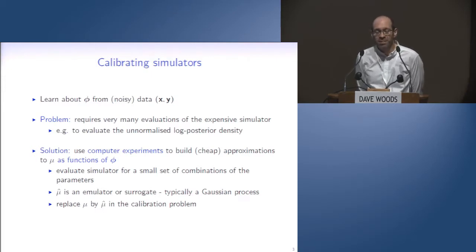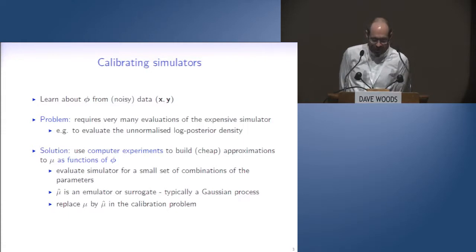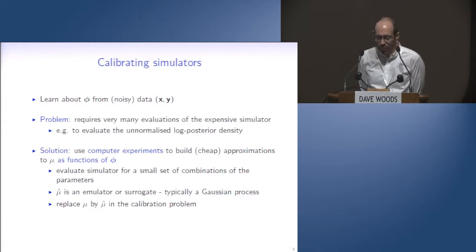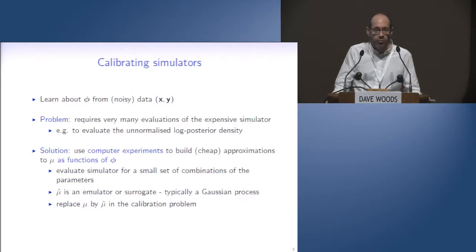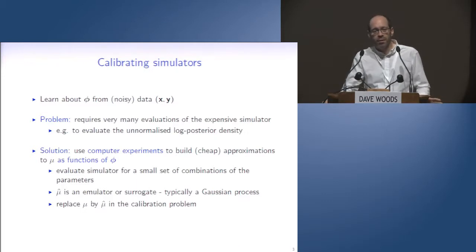So the standard solution to this problem now is to use a computer experiment to build a cheap approximation or surrogate to the simulator as a function of these unknown parameters psi. So in a computer experiment, we carefully choose a subset of the parameter values at which to evaluate our simulator, and then we use the resulting simulator outputs with those inputs to build a statistical model to act as an emulator or a surrogate to the simulator.